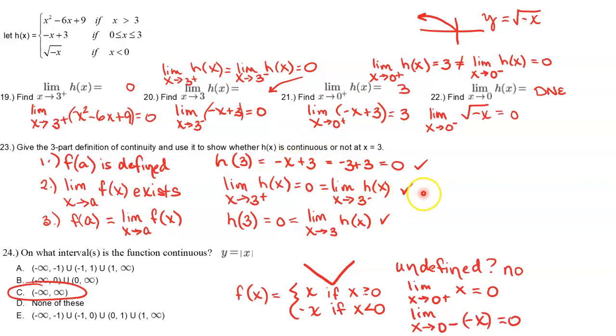If you had not already done this work up here, then you would need to, on the test, show me the limit from the left and from the right, that it would be equal in order to get credit for that portion of the explanation. All right, and then the last thing is we want to check to see if what we got for f of a is equal to what we got for the limit as x approaches a. In this case, f of a was 0 and the limit was 0.